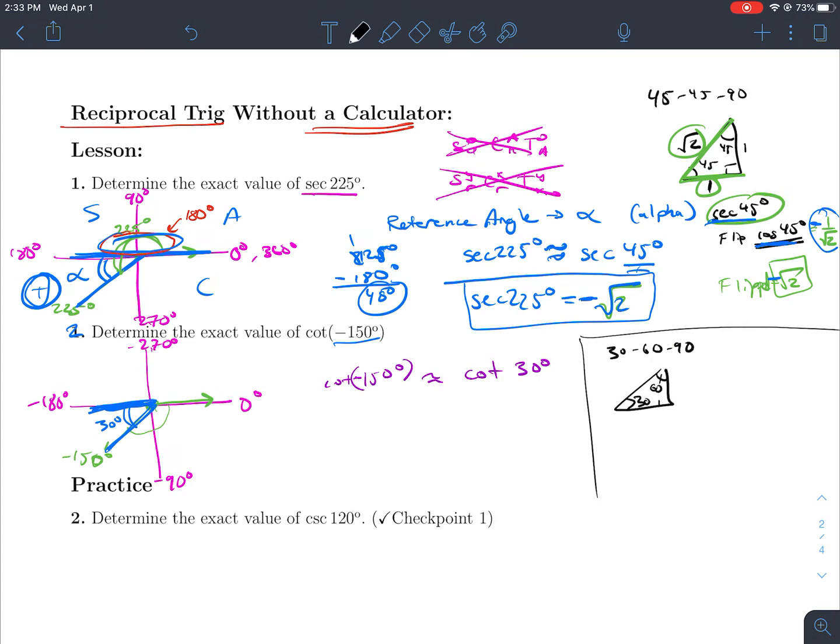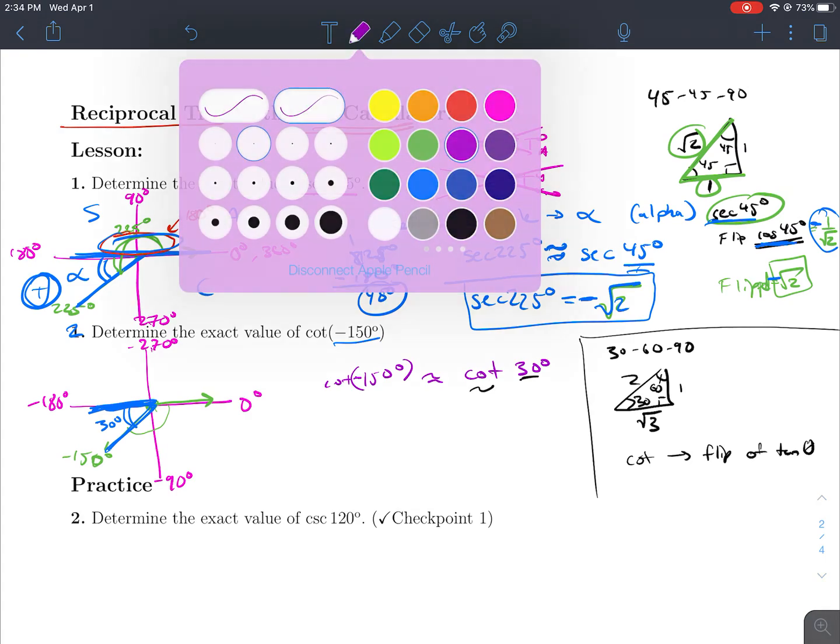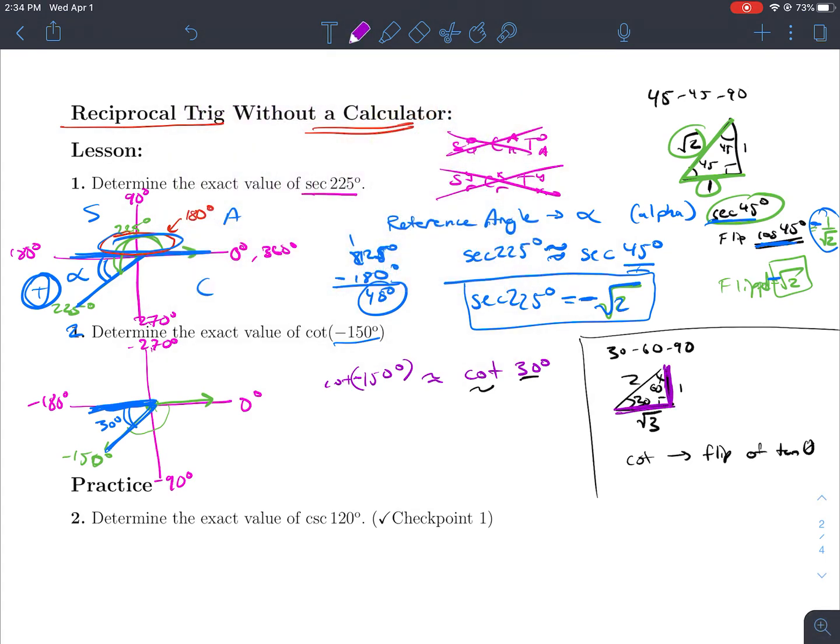So 30, 60, 90, 1, 2, square root of 3. Cotangent is also the flip of tangent. So let's flip tangent. Tangent of 30, that's opposite divided by adjacent, so 1 over root 3. So cotangent is going to be the flip of this.